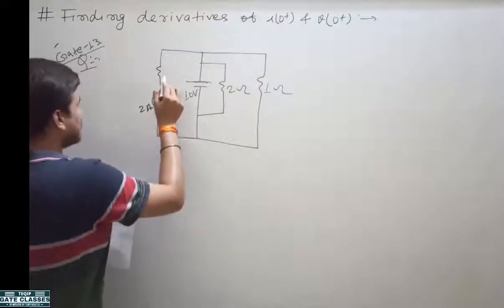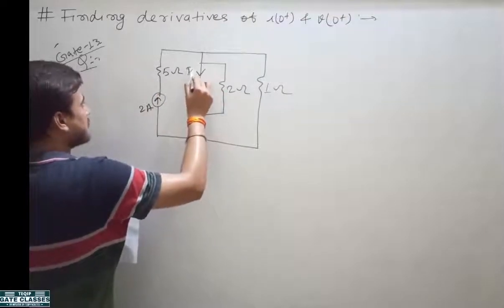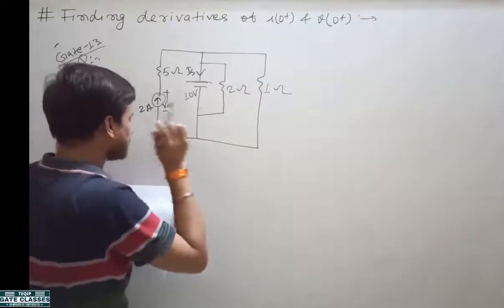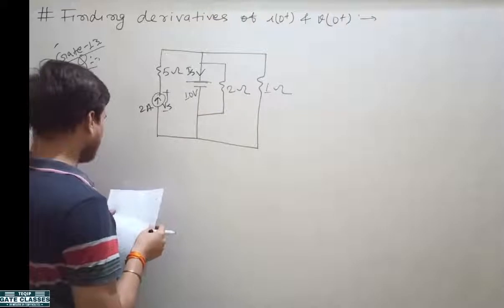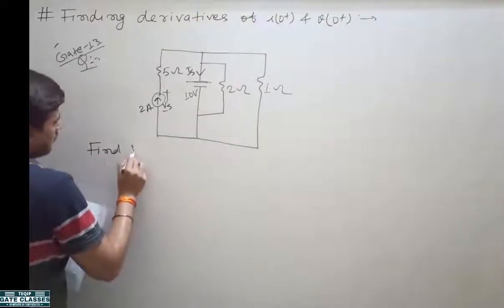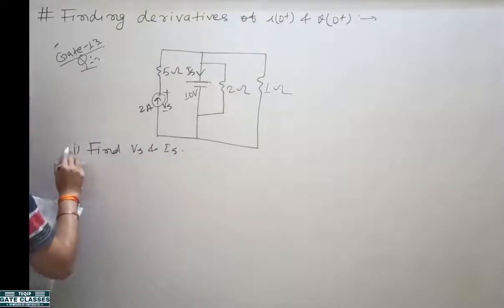This is 5 ohm. This is current Is. This is Vs. This is 1 ohm. Clear? This current is Is. You have to find Vs and Is.